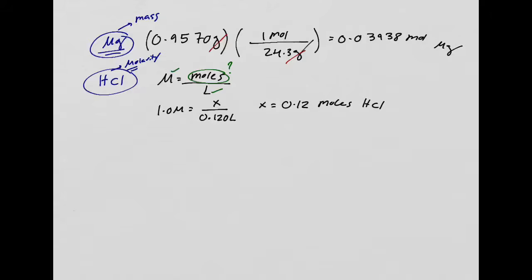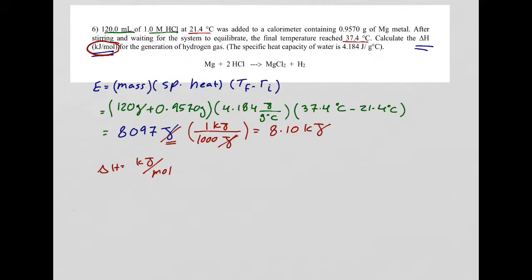Okay, which one is going to be my limiting reagent? My limiting reagent is going to be Mg, right? And the metal will most of the time be your limiting reagent. So I have to use the moles of Mg because that is going to be my limiting reagent. I'm going to come back over here.